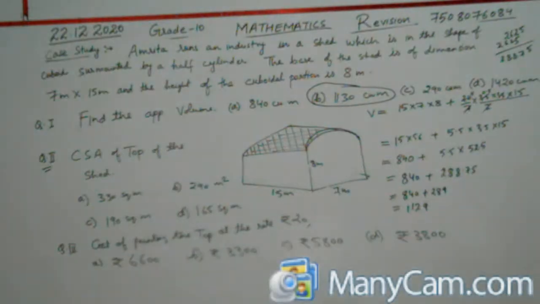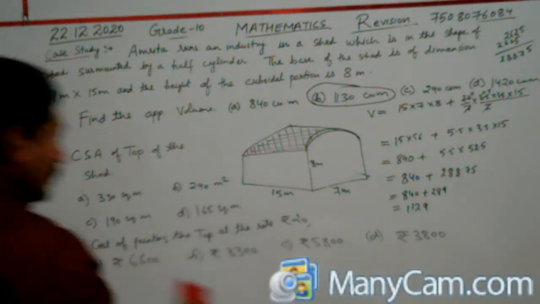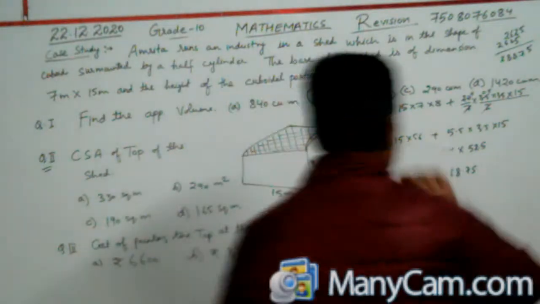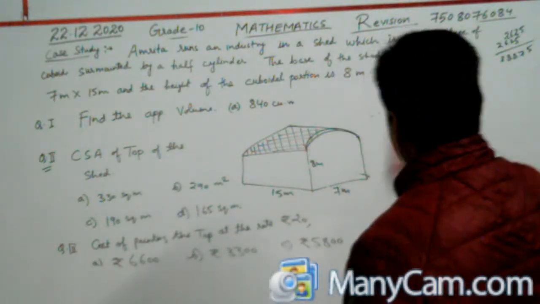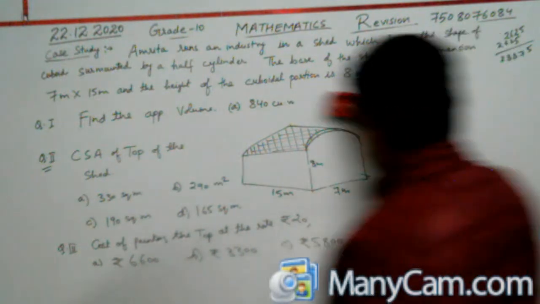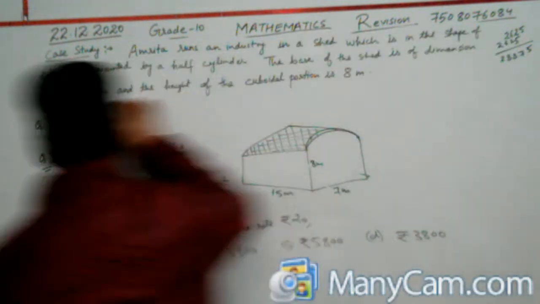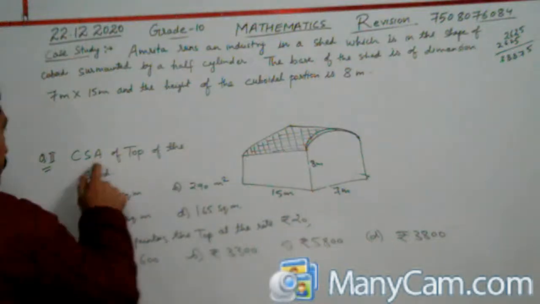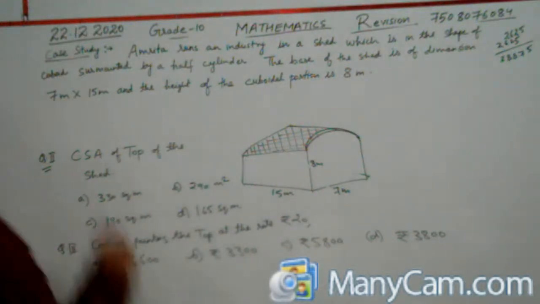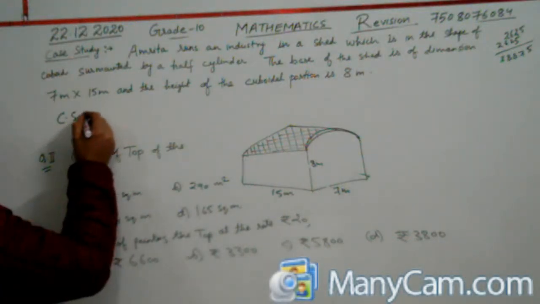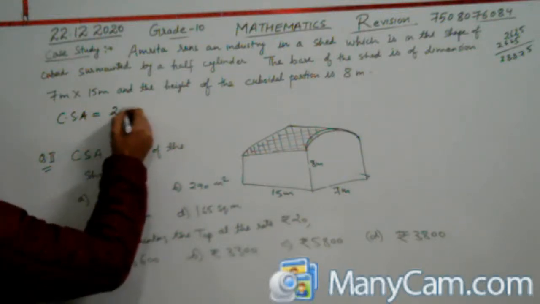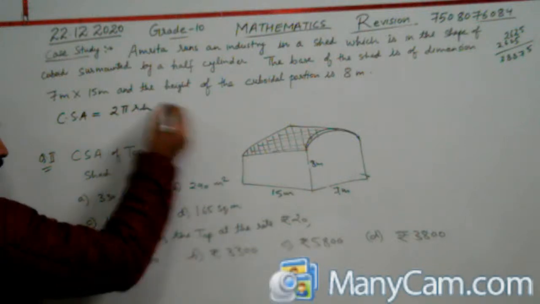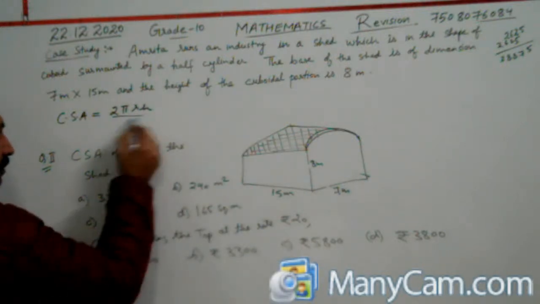So here, we know the curved surface area is 2 pi RH, but in this case we have only half.